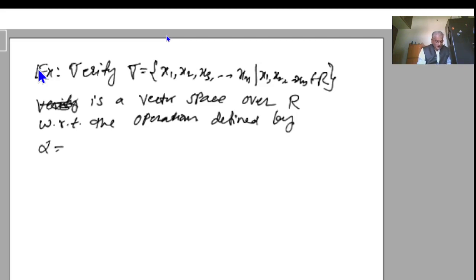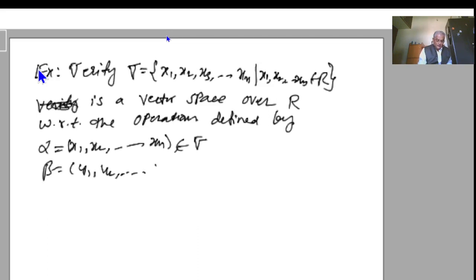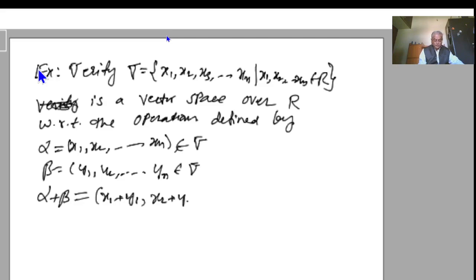The operations are defined like this. Say alpha equal to (x1, x2, x3, ..., xn) belongs to V and beta equal to say (y1, y2, y3, ..., yn) belongs to V. Then alpha plus beta is defined as (x1 plus y1, x2 plus y2, ..., xn plus yn).